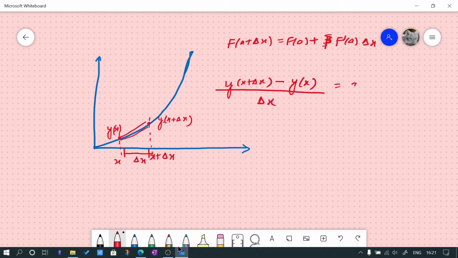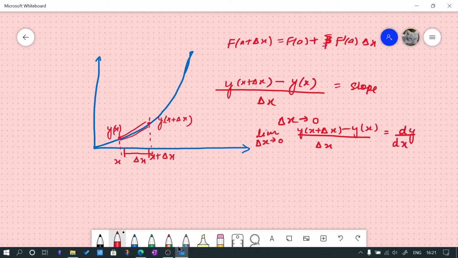Now as delta x approaches an infinitesimally small size, as delta x approaches 0, on applying this limit, y of x plus delta x minus y of x upon delta x becomes dy by dx, and the value of dy by dx at this point would be dy by dx at x.